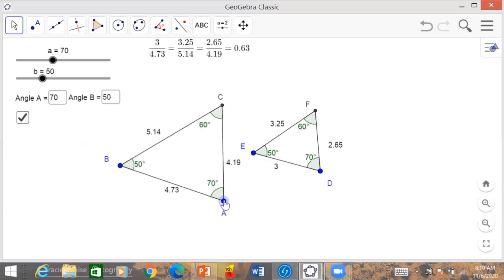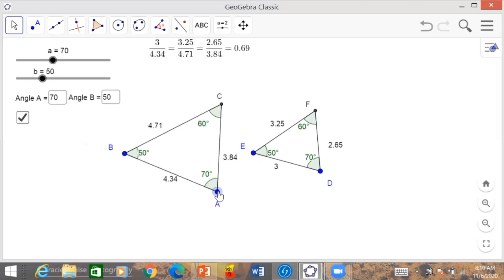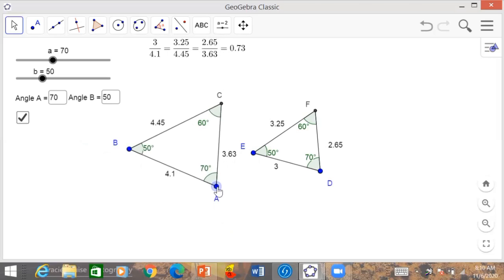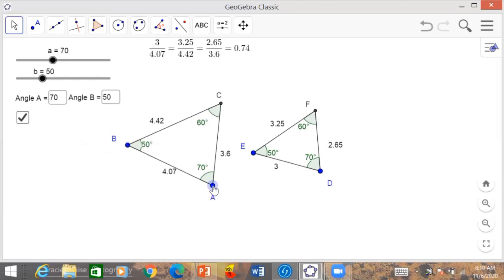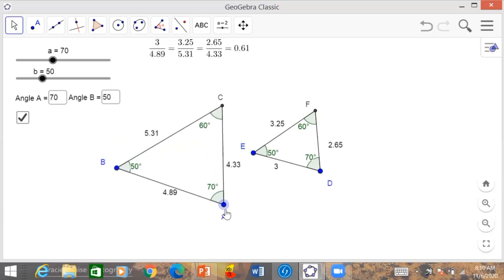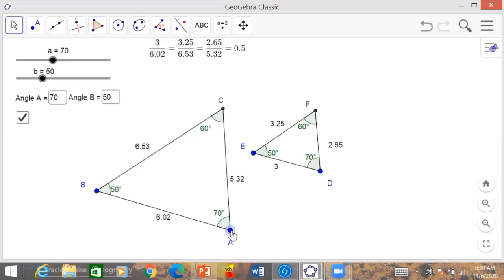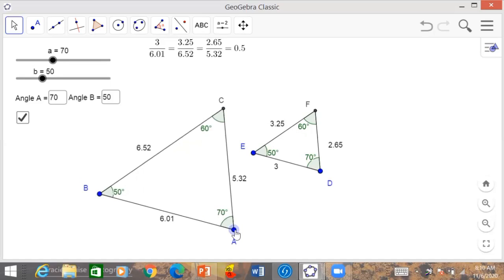Here we have to construct two triangles with their corresponding angles equal. Then always their corresponding sides are in the same ratio. This is called AAA criteria for similarity of triangles, or you can say AA criteria, because if two angles are equal, then the third angle will always be equal because of angle sum property.